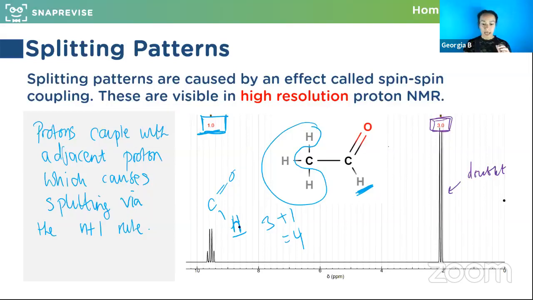You can tell it's only 1 hydrogen in that environment, because the area underneath it is 1, which it tells you up here, and it's quite short. It's next to a carbon bonded to 3 hydrogens, so n plus 1 is 3 plus 1, which is 4, so it's split into 4 peaks.